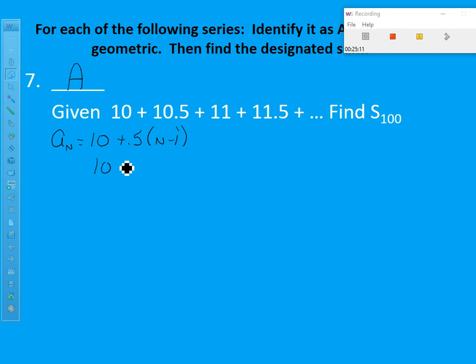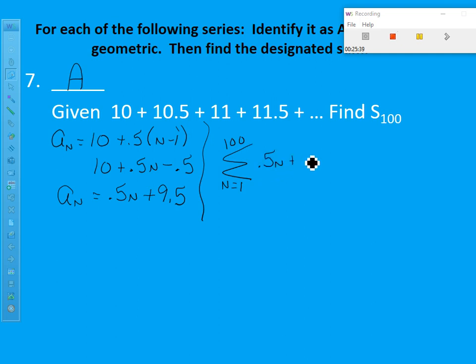I've now got 10 plus 0.5n minus 0.5. So my formula looks like 0.5n plus 9.5. Of course, plug in 1 and plug in 2 to make sure you're right. This now becomes Greek letter sigma from n equal 1 to 100 of 0.5n plus 9.5.